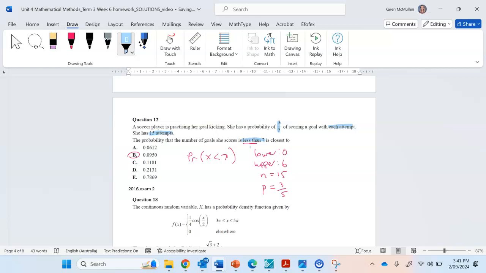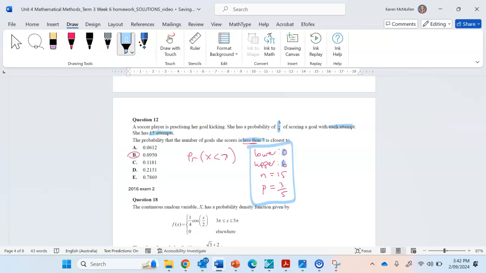Now, I always think it's a good idea to actually state, and so you think about it a little bit more deeply before just plugging it into your calculator, what your lower limit and what your upper limit is. So here we want less than 7, so your lower limit is going to be 0. And we want our upper limit to be 6 because it has to be less than 7. And because we're dealing with discrete values, you can't kick half a goal. It's either a goal or it's not. So your upper limit is 6, and then the rest, what you plug into your calculator.